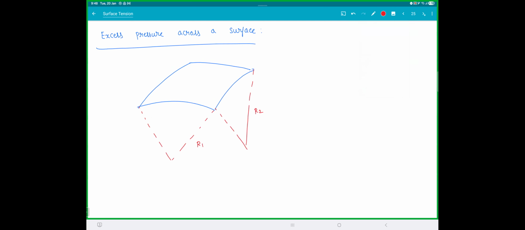So we have two different radius of curvatures. So here, this is your concave, this is your convex. So the general formula will be P concave minus P convex will be S into 1 by R1 plus 1 by R2. This is for one surface, where R1, R2 are the two radius of curvatures.